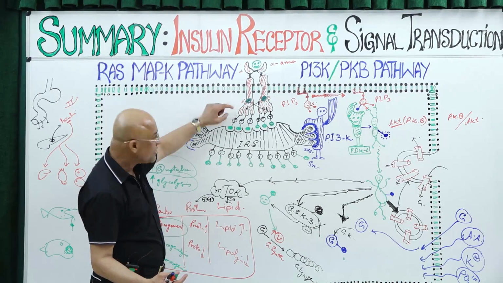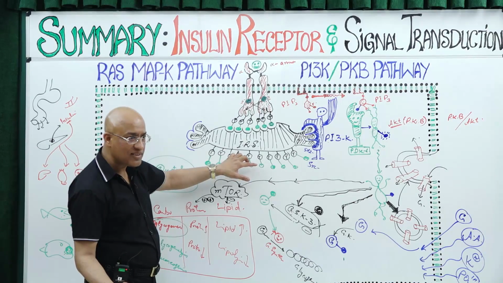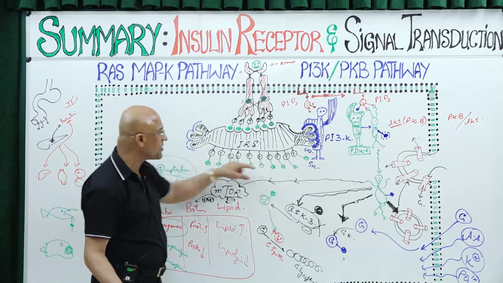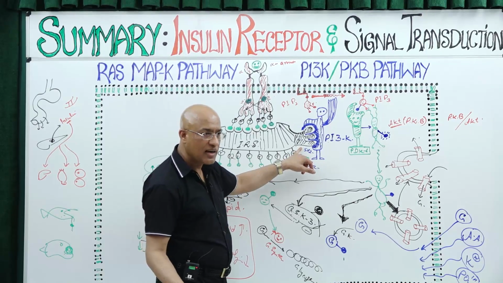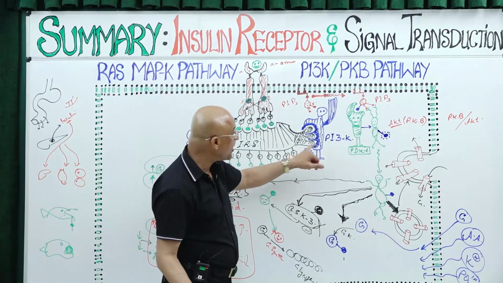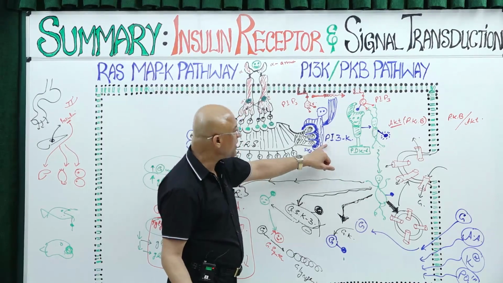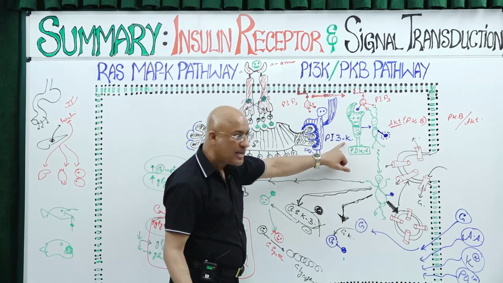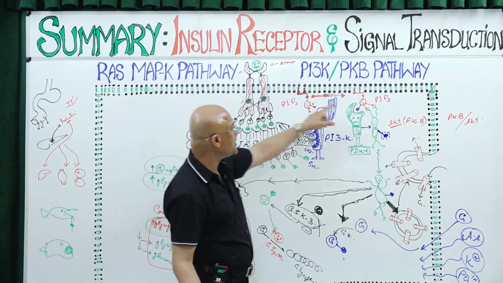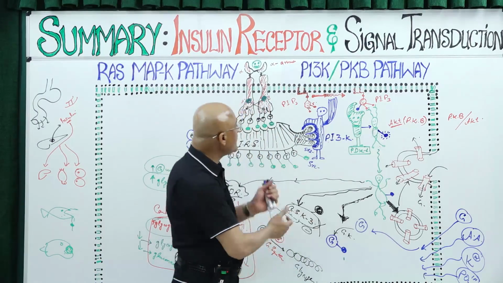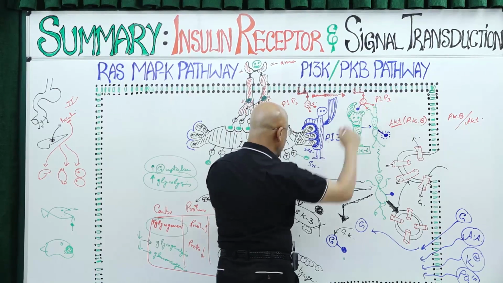Then the autophosphorylated beta subunit binds IRS, then IRS tyrosine units undergo phosphorylation. Then this phosphorylated IRS will be able to attract PI3K, or phosphatidylinositol 3 kinase. Once that binds here, this will convert PIP2 into PIP3. When this is converted in this way in the cell membrane, PIP3 will increase.